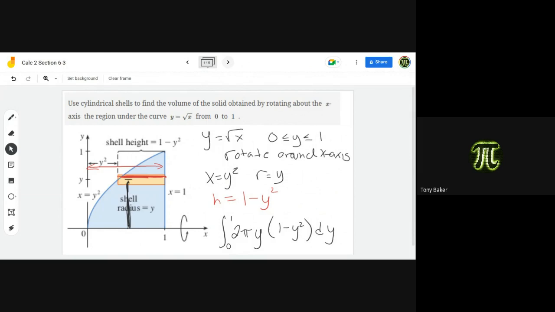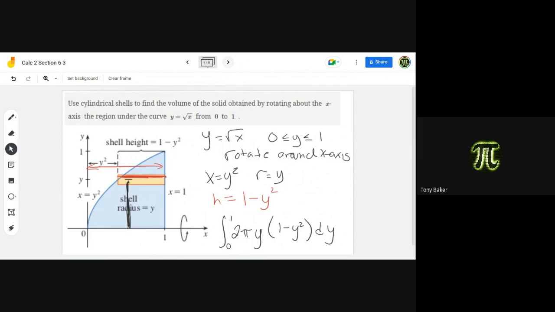We did this problem last Thursday using the disc method, the exact same problem. I was going to put that up there in a minute. So if I was looking at the disc method, I'm looking from here to here. So my function is y equals square root of x. Since I'm now looking at going this direction with the piece that I'm rotating, that now has to be in terms of y, because it's now a y function, not an x function.